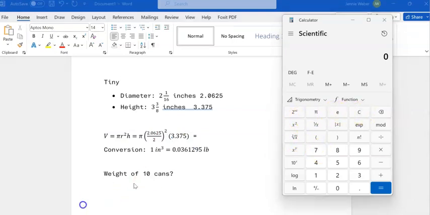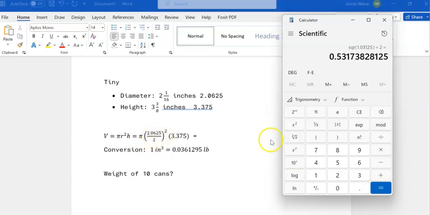And this is it. So I'm going to do 2.0625 divided by 2. That's not what I just wrote. Okay, 2.0625 divided by 2, and then I am going to square that. So that's what I've done right here.